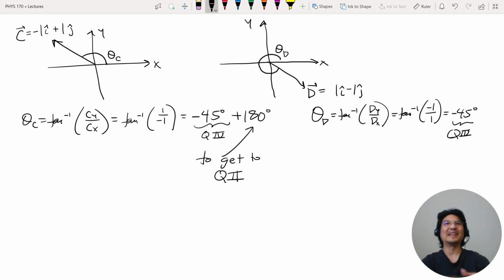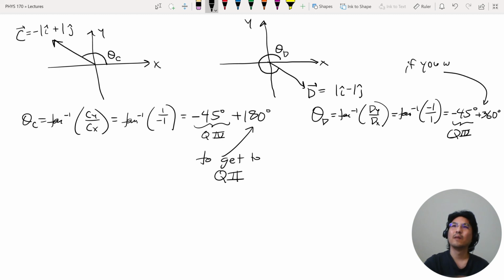Maybe you don't want a negative number, so you can always add 360, or 720. It's the same angle, but if you want a positive number, you can just add 360.